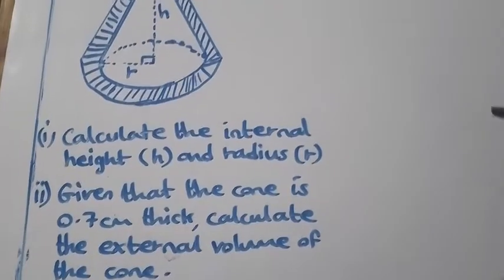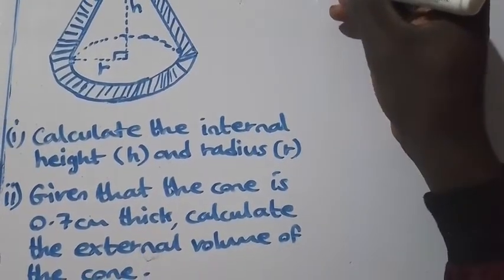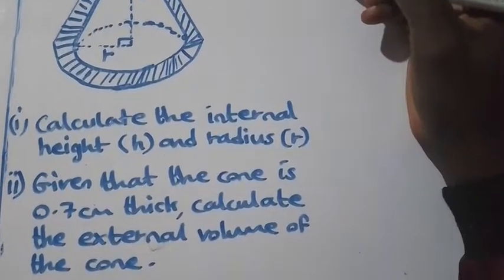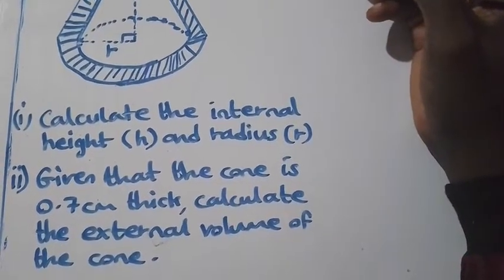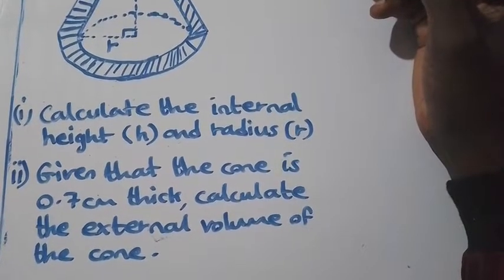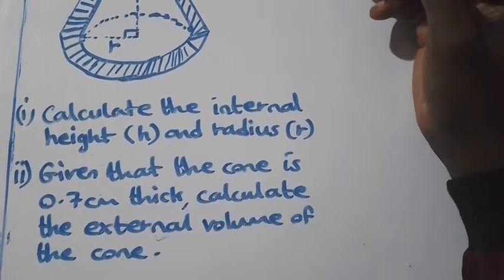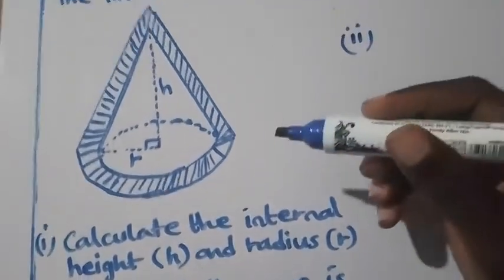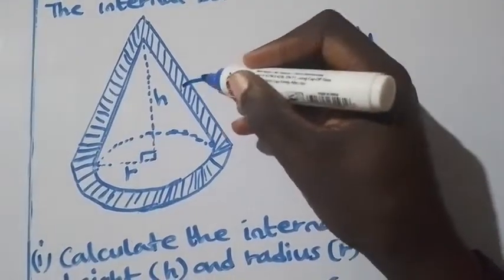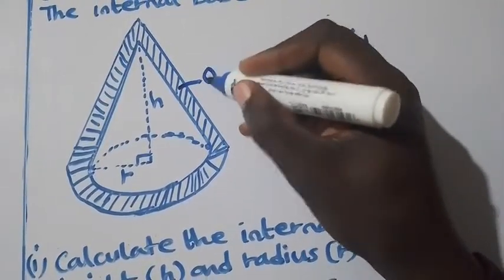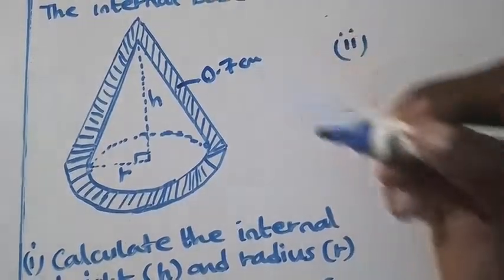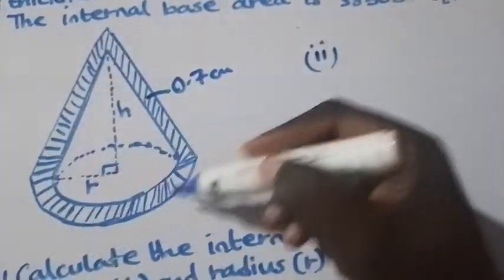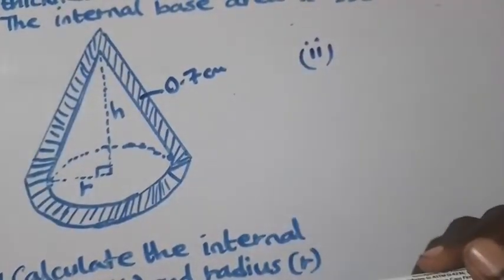We go to question 2. Given that the cone is 0.7 centimeters thick, calculate the external volume of the cone. So this thickness has been given to be 0.7 centimeters. So they want us to find the volume of the outermost cone.